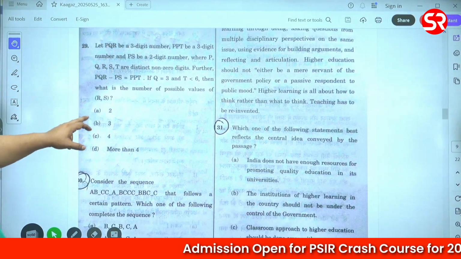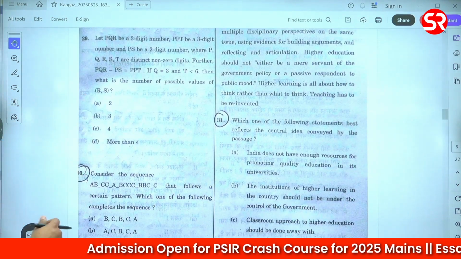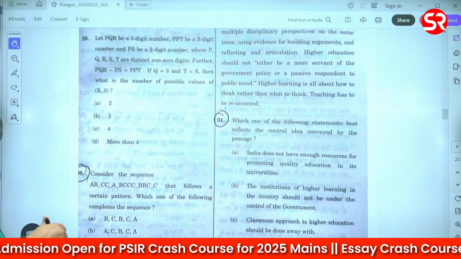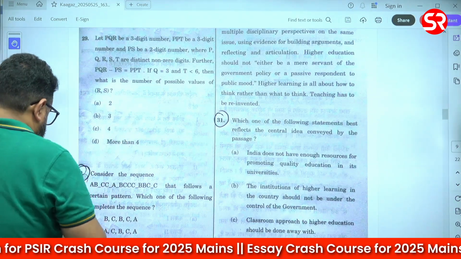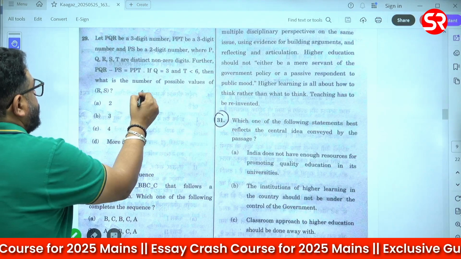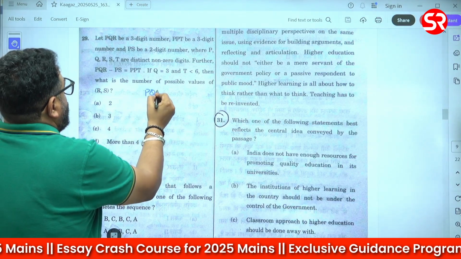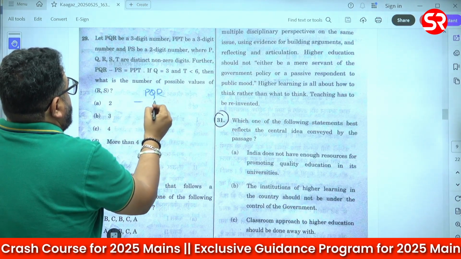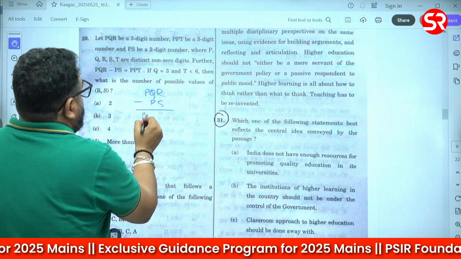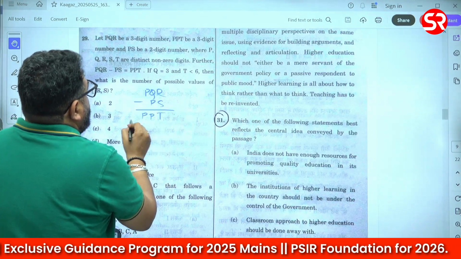Ooh, this is one question. QR is a ticket number, PP. So you're saying PQR. This is what I got. PQR minus PS is equal to P, right?